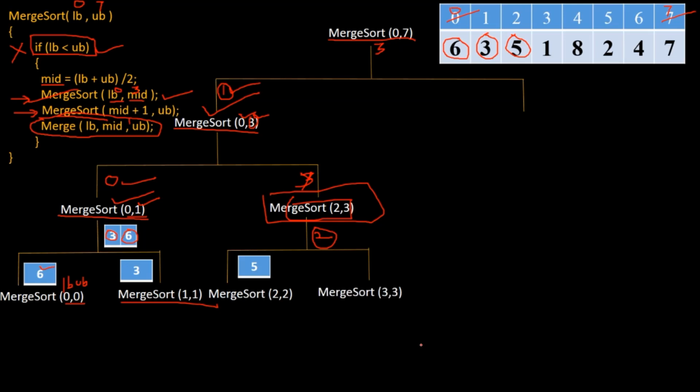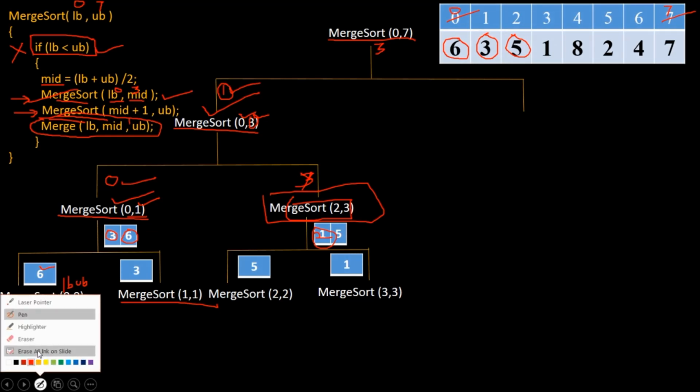Then it will call 3 comma 3 and it will give you only one value, 1, right? So this merge sort 2 comma 3 has completed both the left and right division process, and only one function remains, that is merge. When we merge 5 and 1, we will get 1 and 5, right?